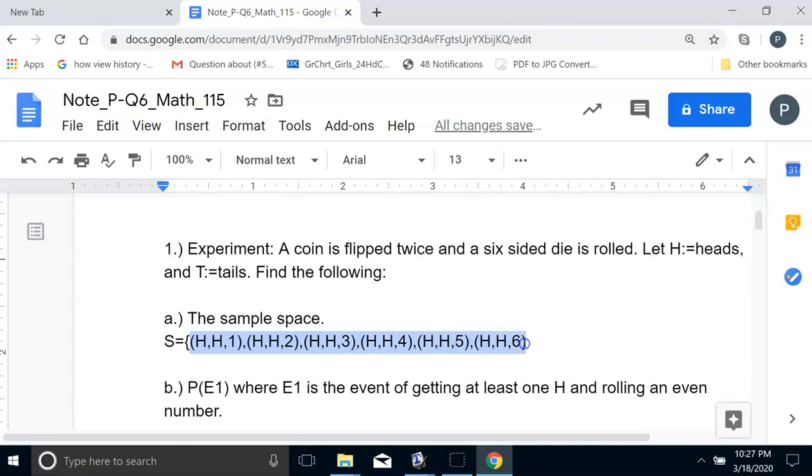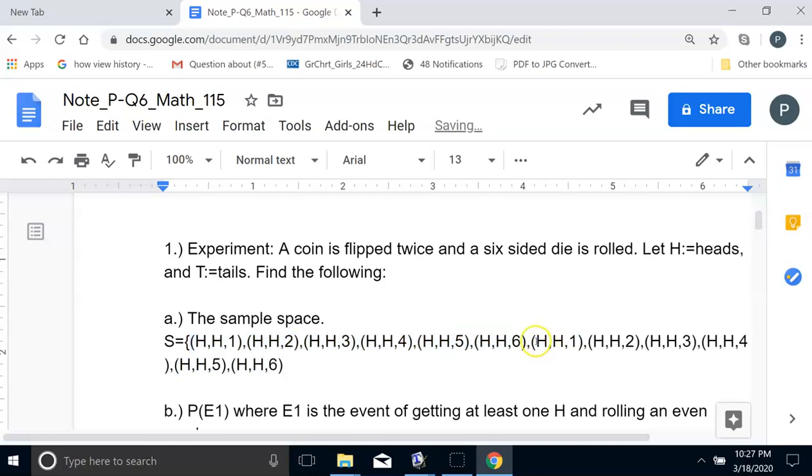So then this group, I can repeat and change it to tails, heads now. So tails heads 1, tails heads 2, tails heads 3, tails heads 4, tails heads 5, tails heads 6. Then I could copy it again.